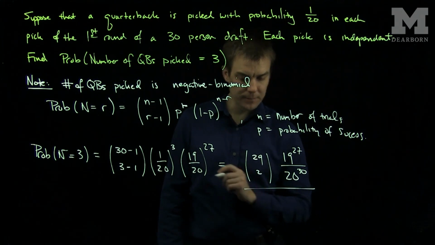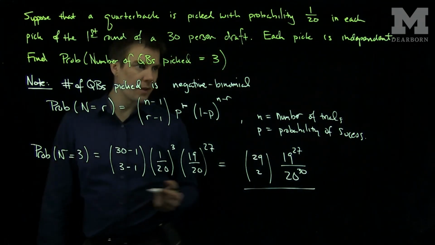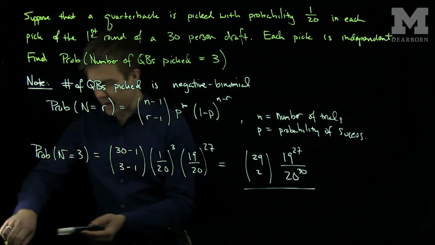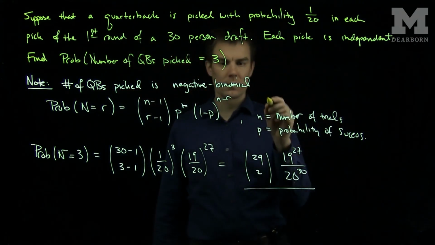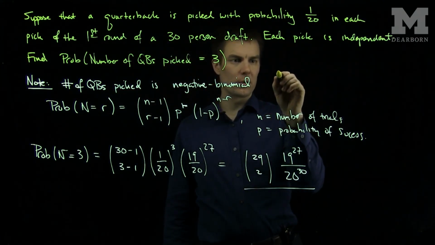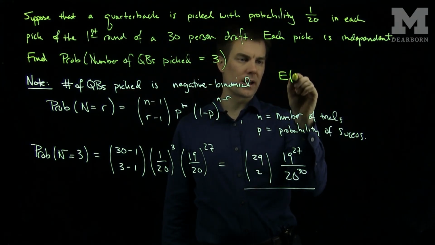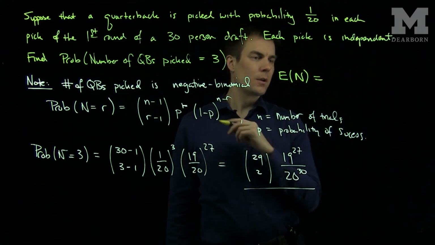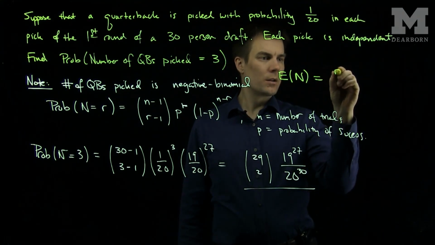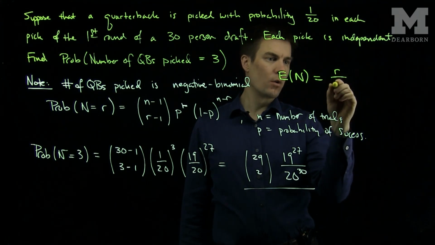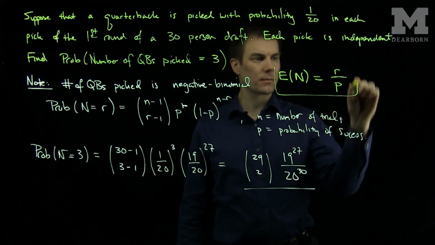And that's our probability. We can also note that the expected value of a negative binomial random variable is just going to be the number of successes required over the probability of the success.